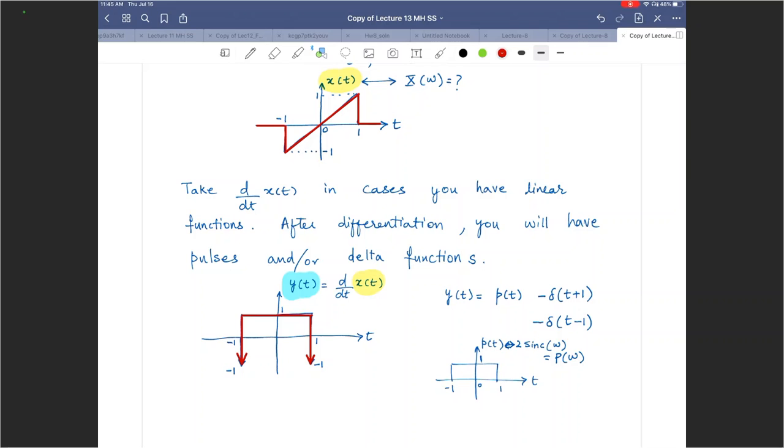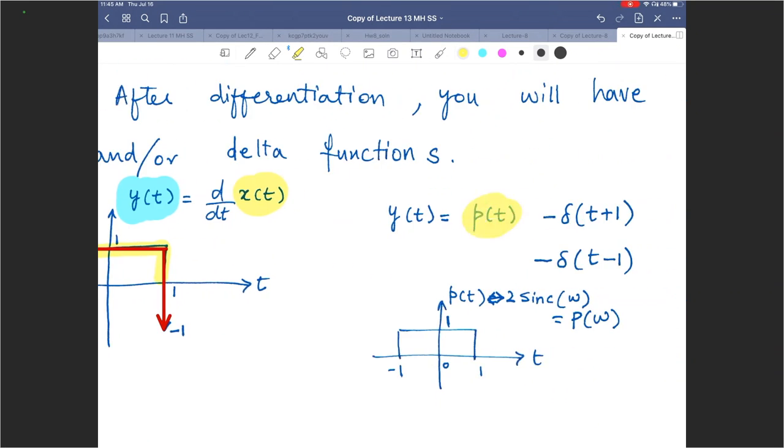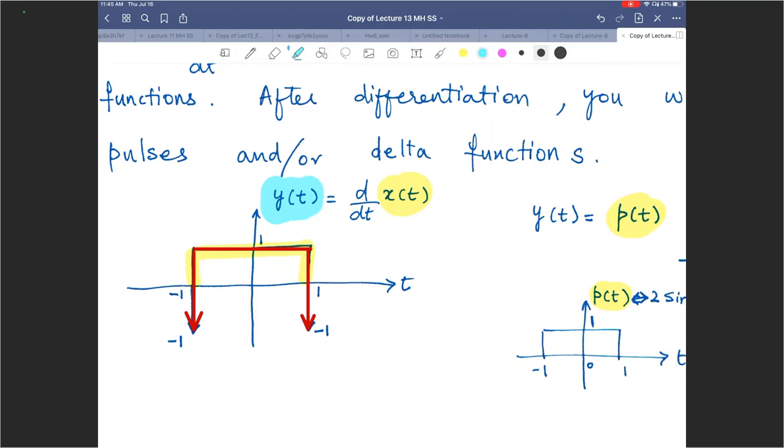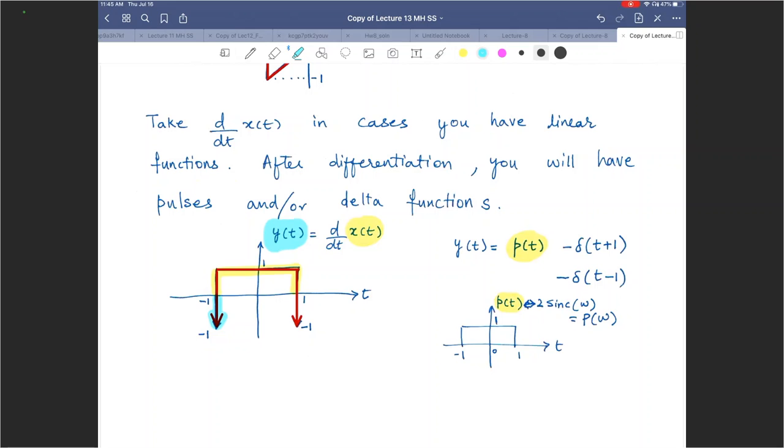So now y of t can be written as the summation of three signals. Let us color code this. Maybe some part of it is in yellow. That is my p of t, a known result. The second one is my impulse. The impulse is at -1.